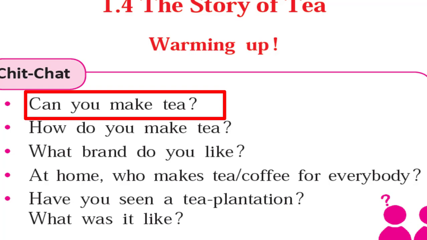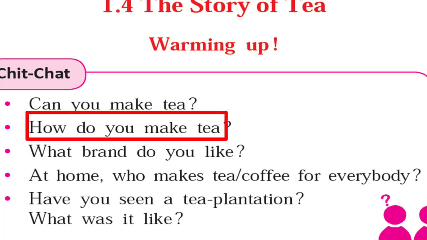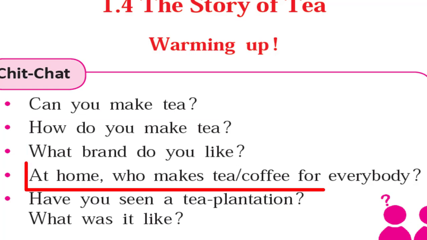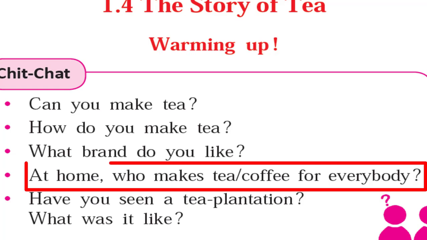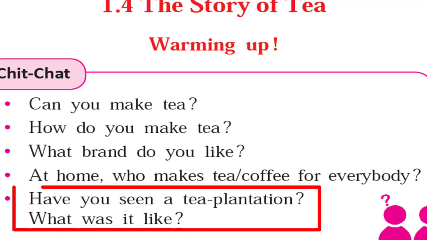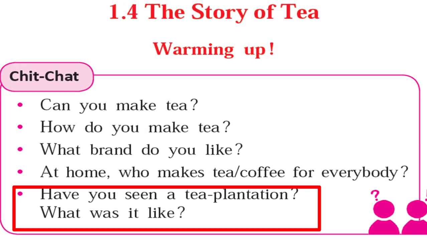Second, how do you make tea? Third, what brand do you like? Fourth, at home, who makes tea or coffee for everybody? And last, have you seen a tea plantation? What was it like? So these are the questions.